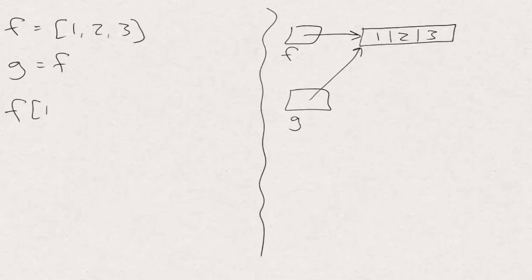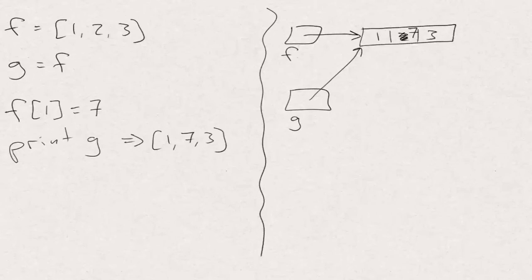We might modify the second cell to be 7. If we do that, then 2 is going to get replaced with 7. And if we print g, this is going to result in the list 1, 7, 3, even though we never explicitly modified g.